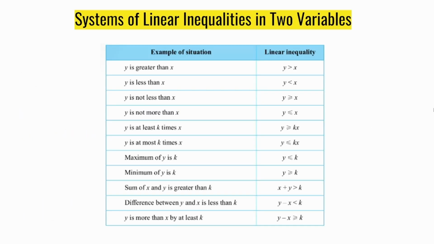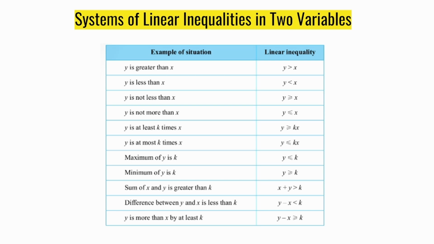So this is the systems of linear inequalities in two variables. This will occur when you have both a y and an x variable, basically two variables. It can be anything ranging from a or b depending on the question asked. So over here we will represent the two variables with y and x. If y is greater than x, you would have the right pointing symbol pointing towards x.